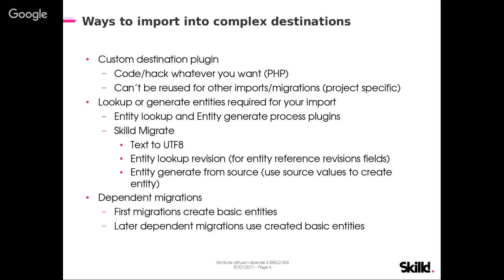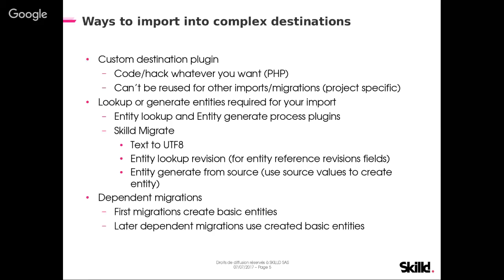Entity lookup revision allows you to use entity reference with revisions fields that are utilized for paragraphs linking. And also entity generate from source. Basically, it's an extension of the entity generate plugin that allows you to use more incoming data to actually generate an entity. So not only providing a title for the entity, but also providing all the other fields to create this entity. This is about our general approach to migrations.